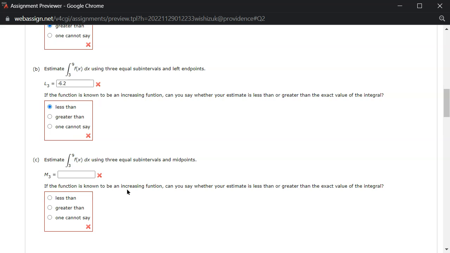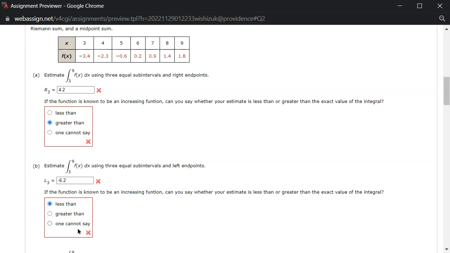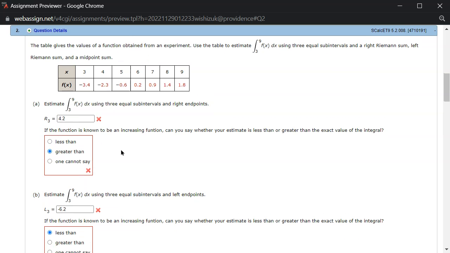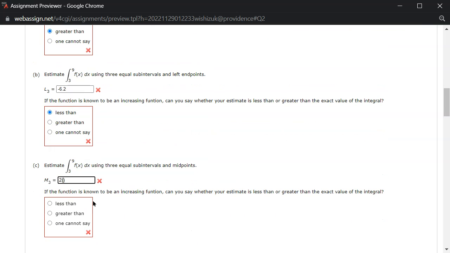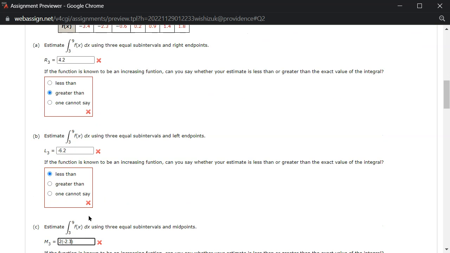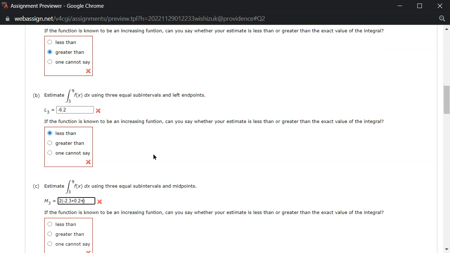And the midpoint rule. From 3 to 5, we're going to use 4. So it's going to be 2 times, since delta x is still 2, and the midpoint value for the first one is negative 2.3. The second interval is using 6, so it's going to be plus 0.2. And for the last one, we're going to use 8, so it's going to be plus 1.4.